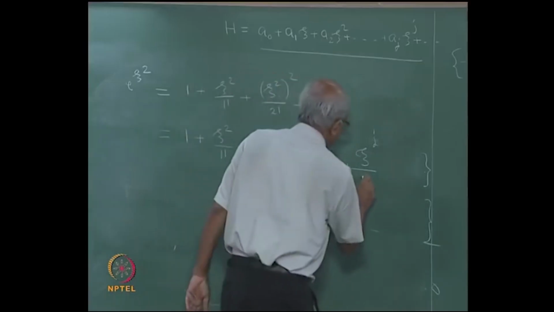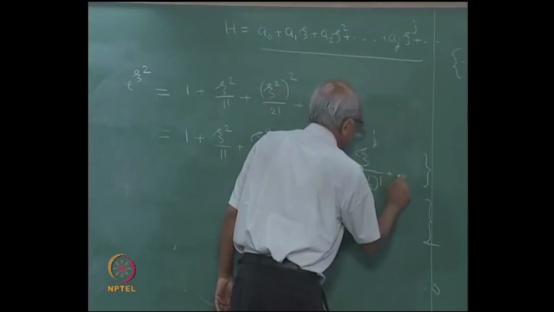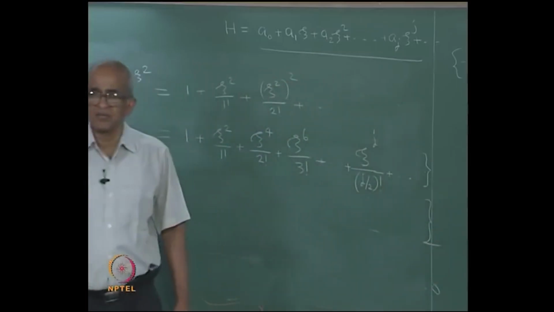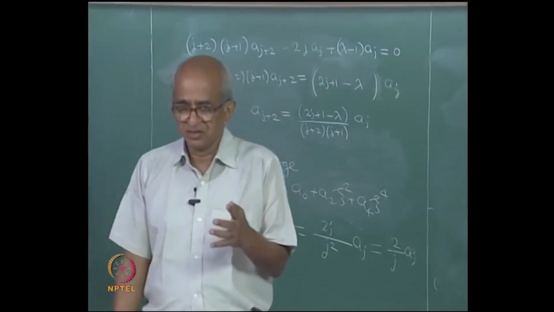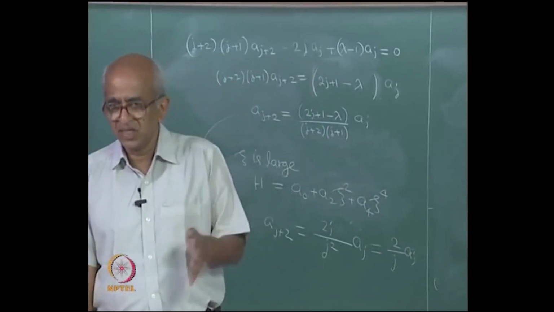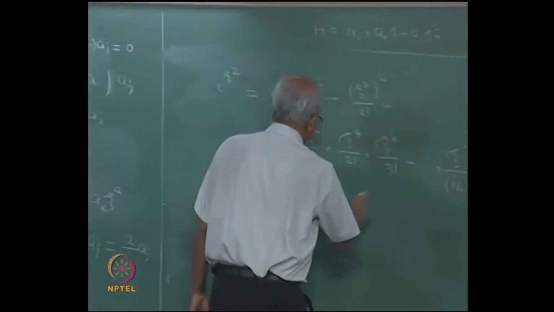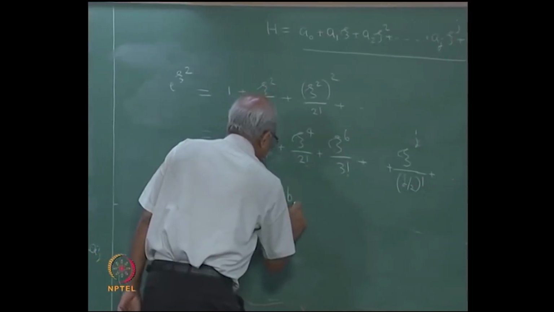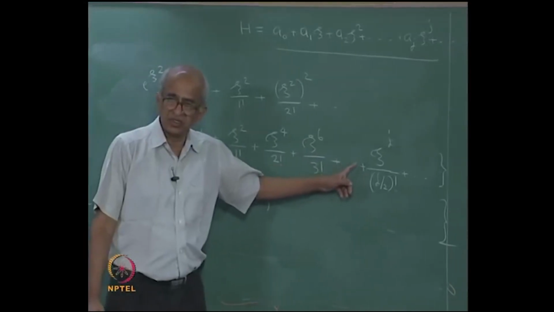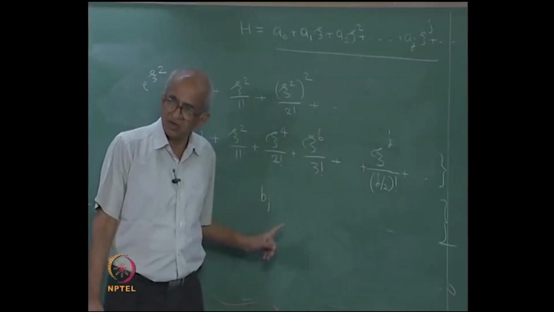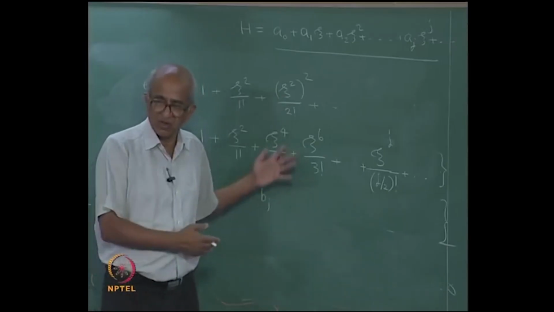So, it will be j by 2 factorial, right, plus etc. Agreed? The coefficient of c to the power of j has to be 1 by j by 2 factorial. So, therefore, for this series the coefficient of c to the power of j I will denote by bj. For notation purpose, I just call it bj.